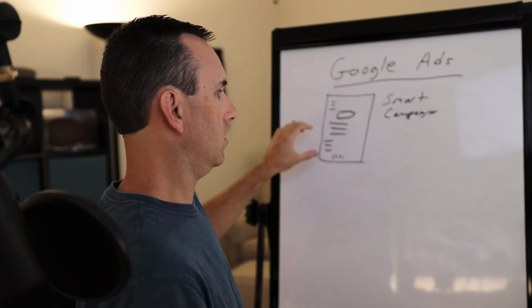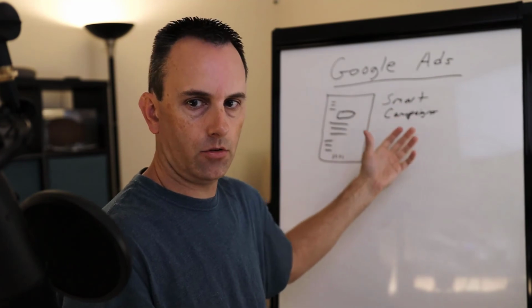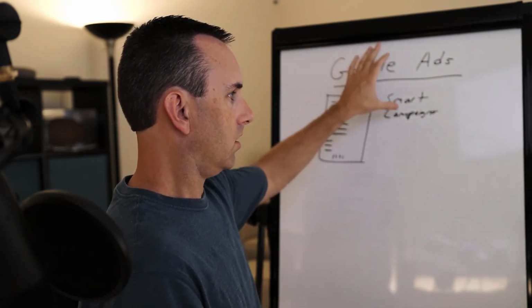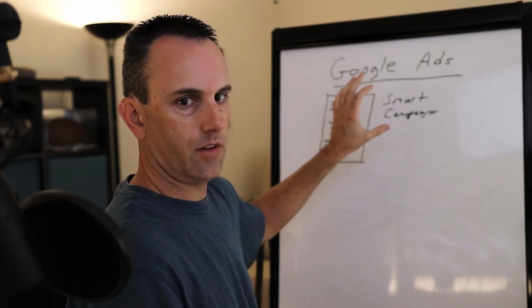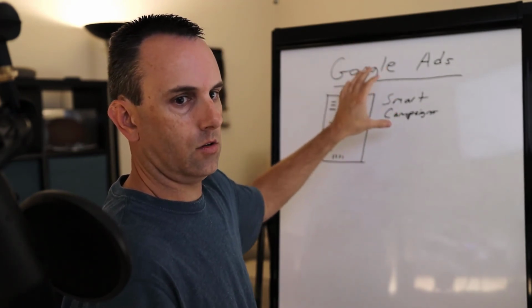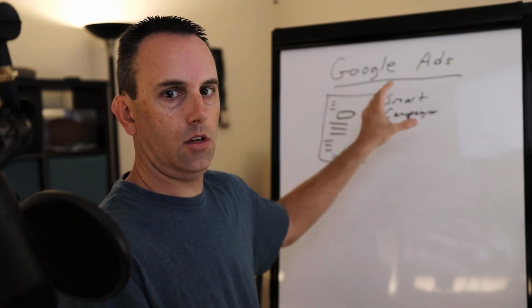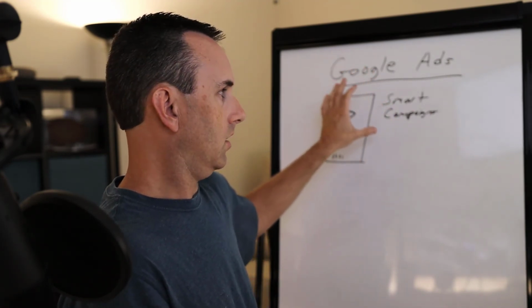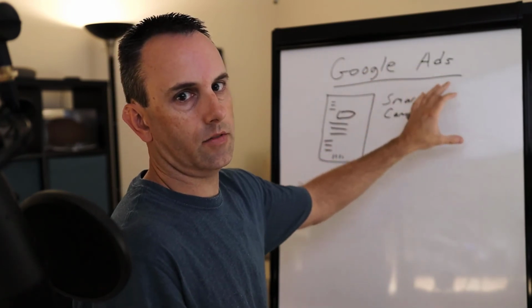Smart campaigns is basically an ad builder on Google, but the problem with it is it gives all the control of that ad to Google. As far as the budget, the keywords, and the placement, you're relying on Google to do all of that for you.